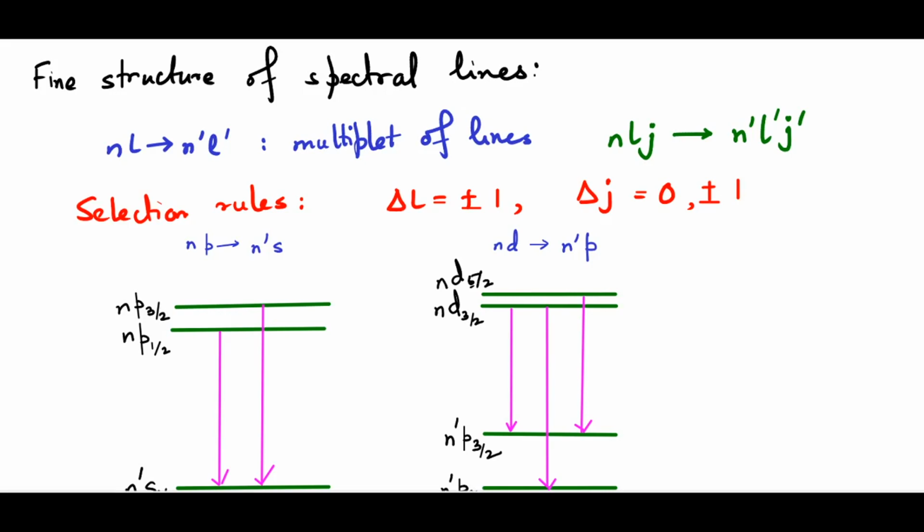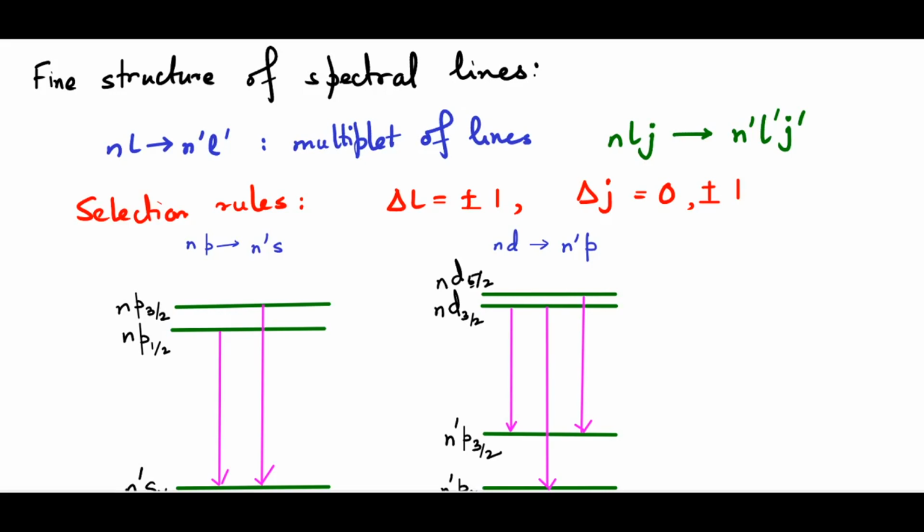So earlier we had levels which were labeled by n and l values. The energy, of course, depended only on n for the hydrogen atom, but you had transitions from a given nl to a given n prime l prime. The l value is important because there were selection rules, delta l equal to plus minus 1, from time dependent perturbation theory, something we have not studied yet.